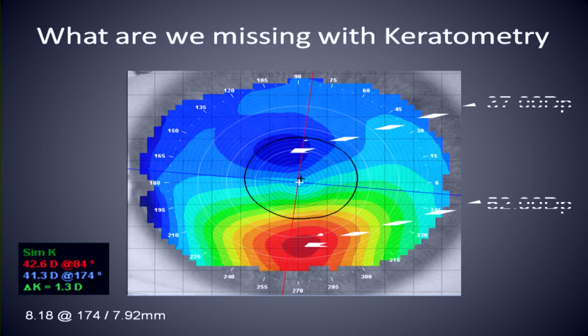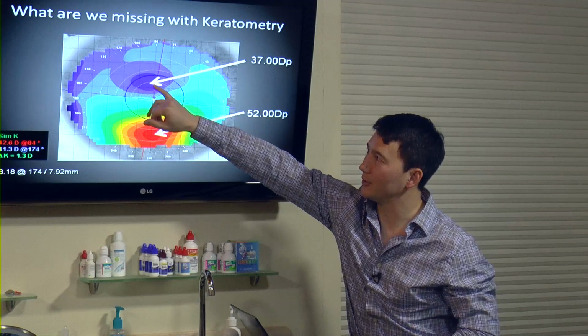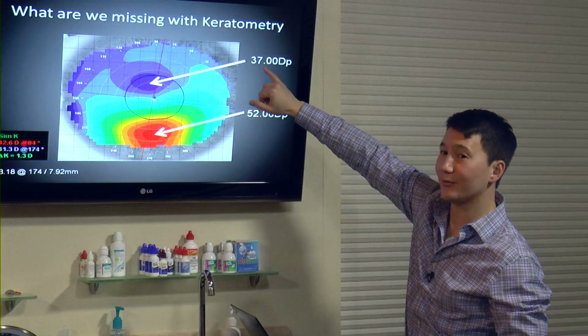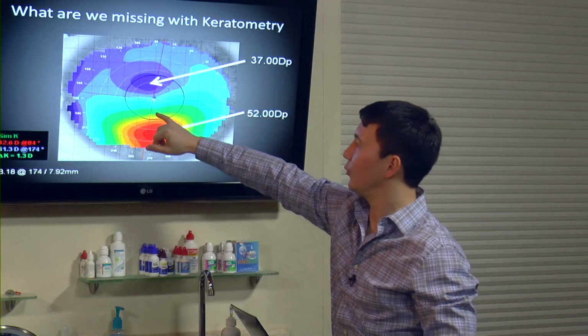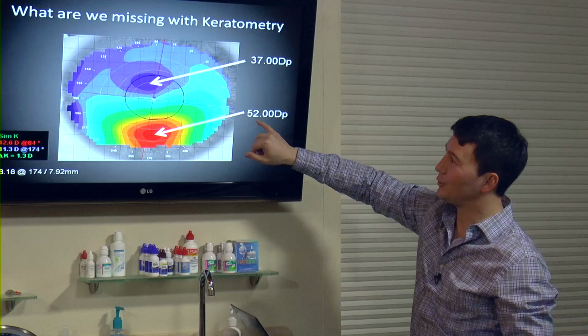That's the question. Now, if we take this particular case, this patient shows they only have 1.3 diopters of corneal cyl, but if you click your cursor, one box, that's 1 millimeter, and maybe a third, 1.33 millimeters superior of the apex, it's 37 diopters. Heading south, 1 millimeter, 2 millimeters, almost 3 millimeters, we've got 52 diopters.